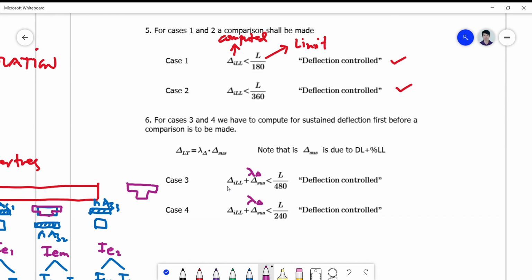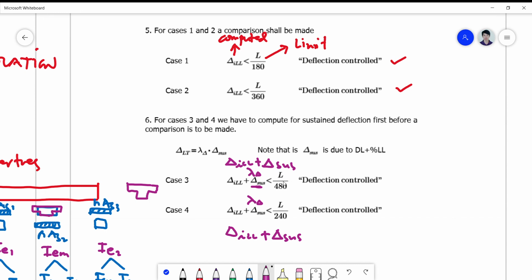Okay, so we can rephrase this as delta ILL plus delta sustained. Okay, delta ILL plus delta sustained. Take note that this is still to be multiplied by lambda delta.